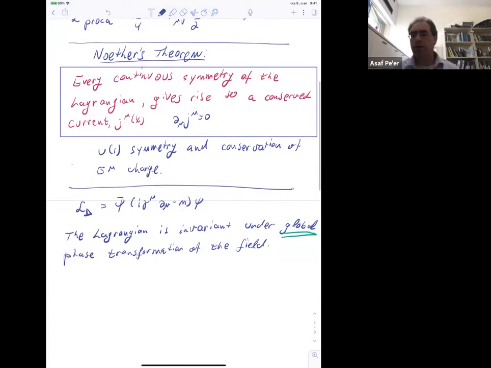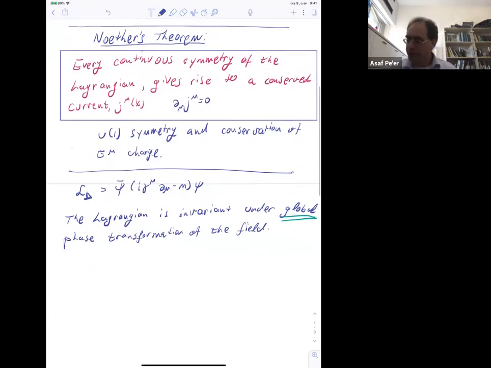So what do we mean by a global phase transformation of the field? We have a field psi, which is a function of x. Remember, the field gets a value at every point in space-time.